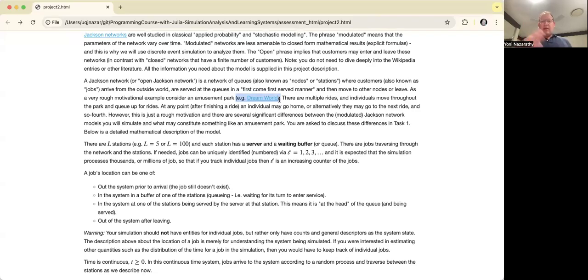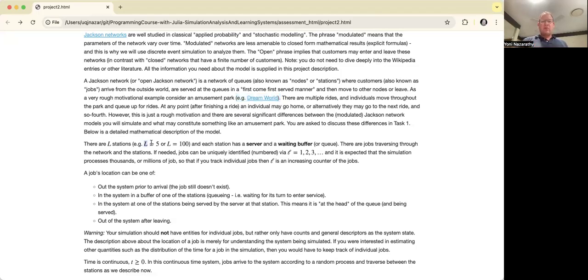A server or a station is a ride, and customers or jobs or items, in this case people, move between the rides. When they get to a ride, they queue up, then they get their service, so they have the ride, and then they move to a different ride.